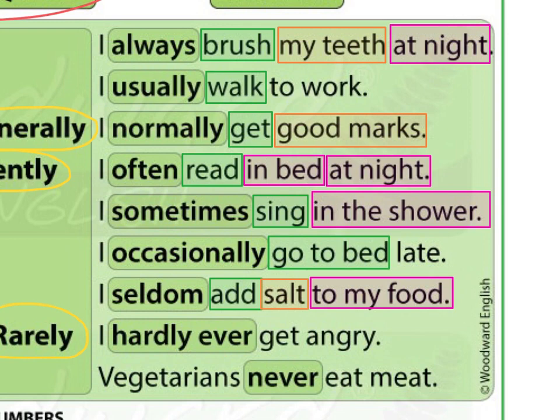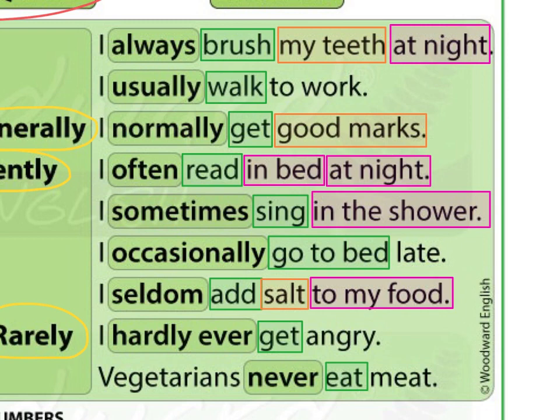I hardly ever get angry. I hardly ever do what? Get. And angry, excuse me, is an adjective. Vegetarians never eat meat. Vegetarians never do what? Eat. Well, we really need to know what is it that they never eat. We need to answer the question, what?